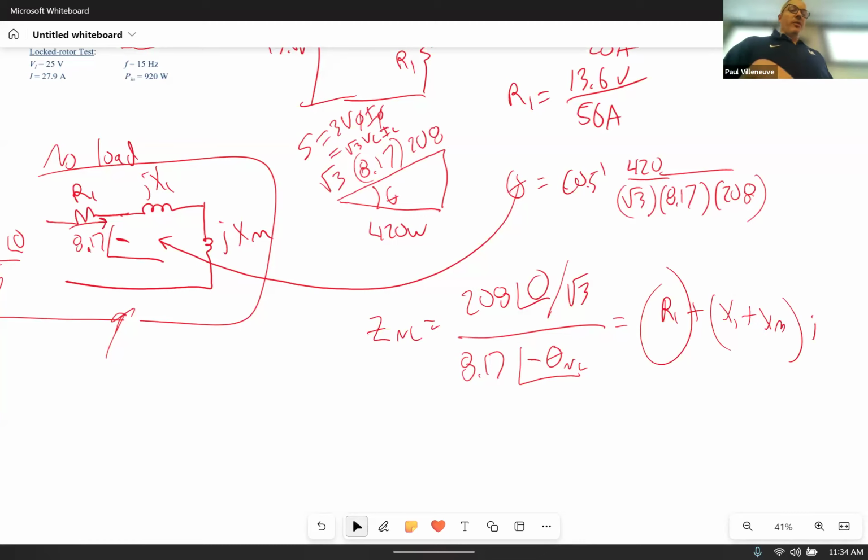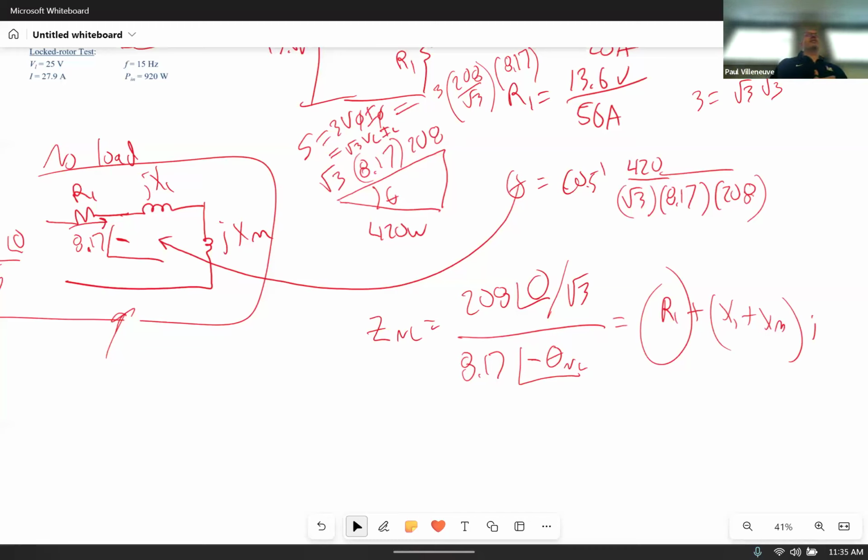If you wanted me to do it this way, then I can say that that's equal to 3 times 208 divided by the square root of 3 times 8.17, right? Yeah. But what is 3 equal to? Square root of 3 times square root of 3. So if I do that, that square root of 3 term cancels. It's in the denominator. So it's the same thing.